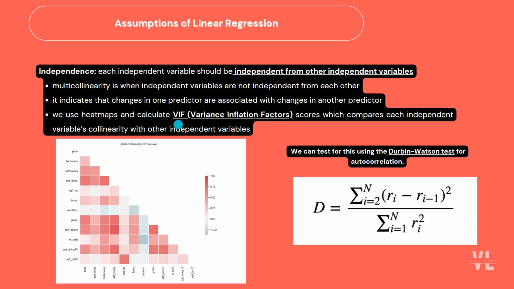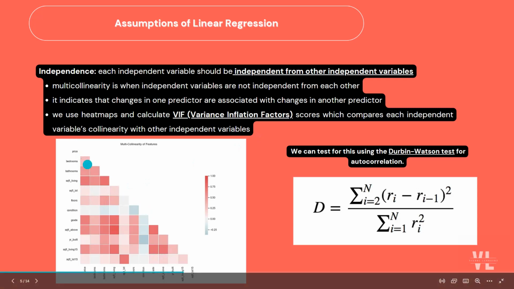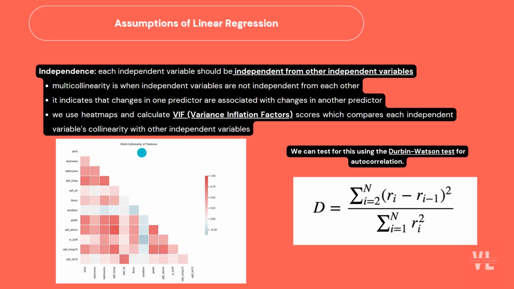So if there is a relationship between each independent variable, it means that changes in one predictor might influence other predictors. We can use heat maps and calculate what is known as the VIF, or variance inflation factor scores, which compares each independent variable's collinearity with other independent variables. We call this the multi-collinearity of features, and this heat map represents values ranging from minus 0.5 up to 1.